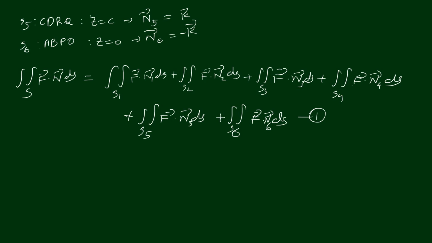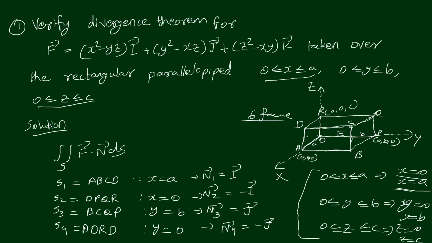Okay, now we can separately find the double integral over S1 of f dot n1. What is n1? N1 is i vector, dot dS. So for dS, here you can see that it is a plane parallel to the YZ plane.